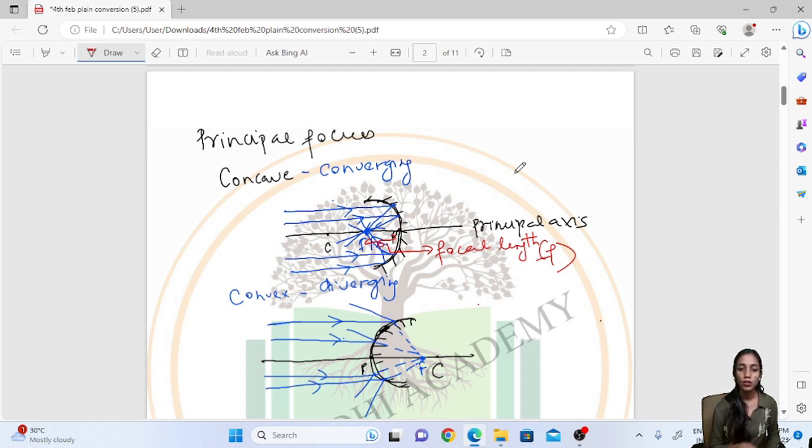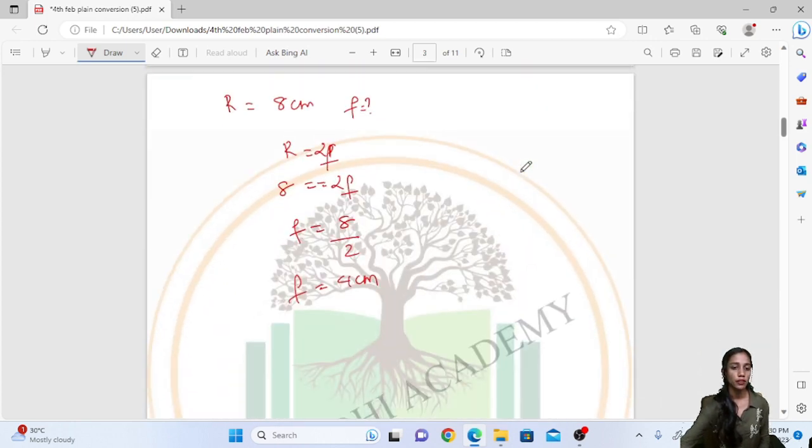The principal focus of both the concave and the convex mirrors are frequently asked questions in the Goa board exams. Either the concave or the convex mirror can be asked. So we need to be thorough about the rays, the arrows, diverging, converging, all these terms. So this is all about the focus and the formula.